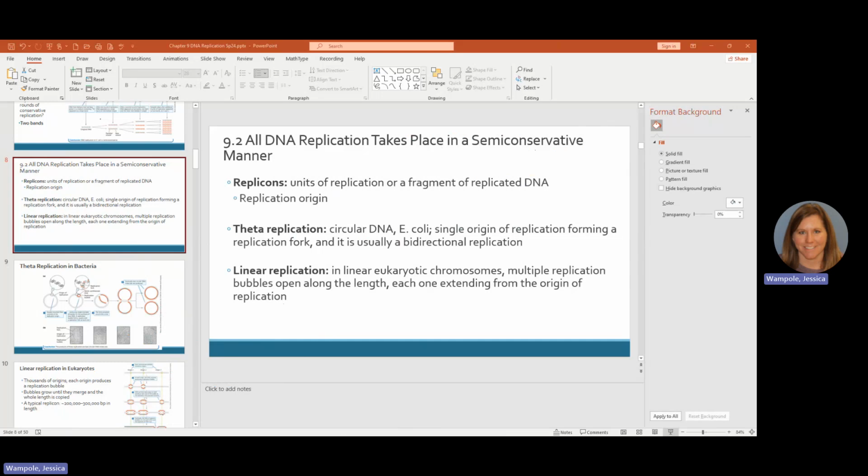And so what you should end up with are two exactly identical pieces of DNA. One that is made up of the parent strand and the daughter strand, and the other one that is made up of the other parent strand, the other daughter strand.